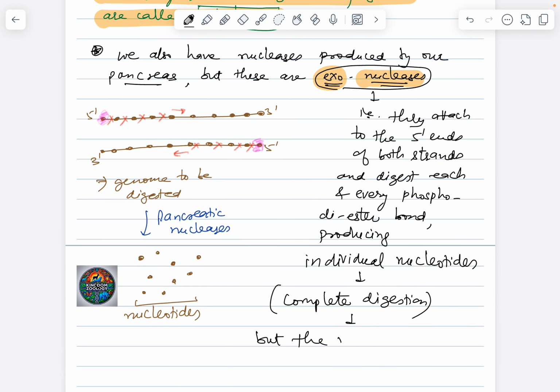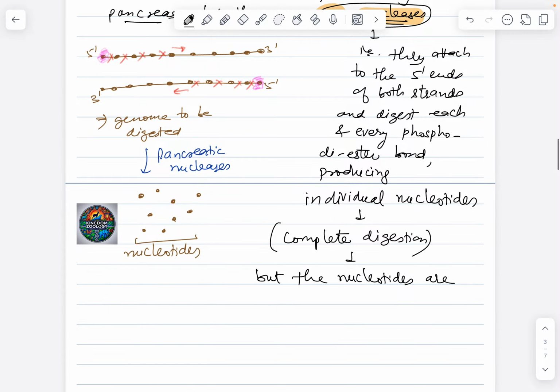The nucleotides cannot code for anything, which means they are of no use at all, as they cannot code for any product.